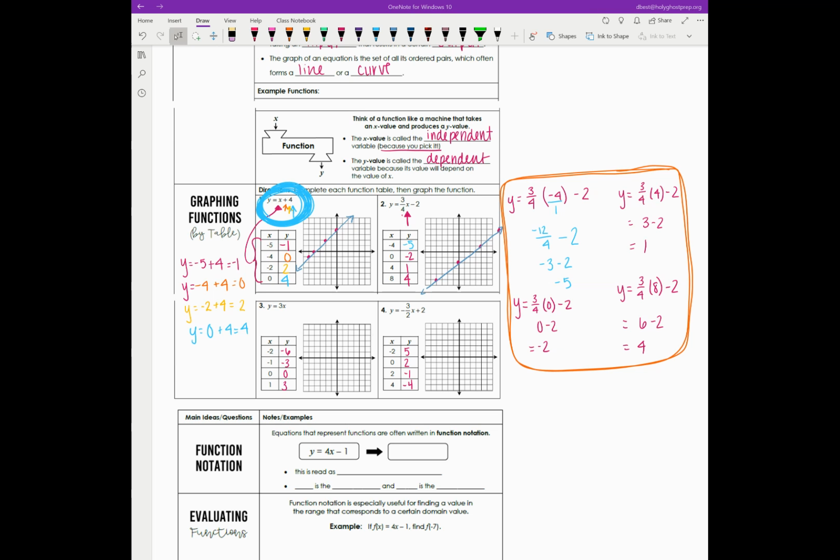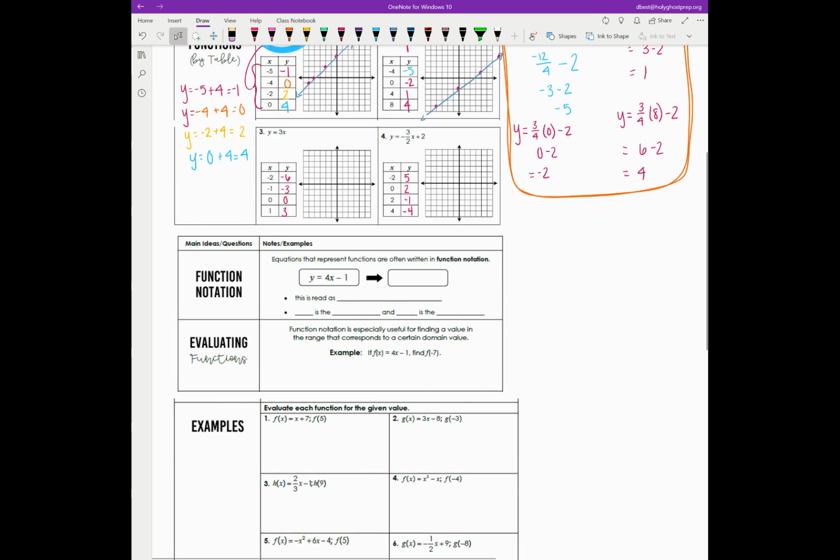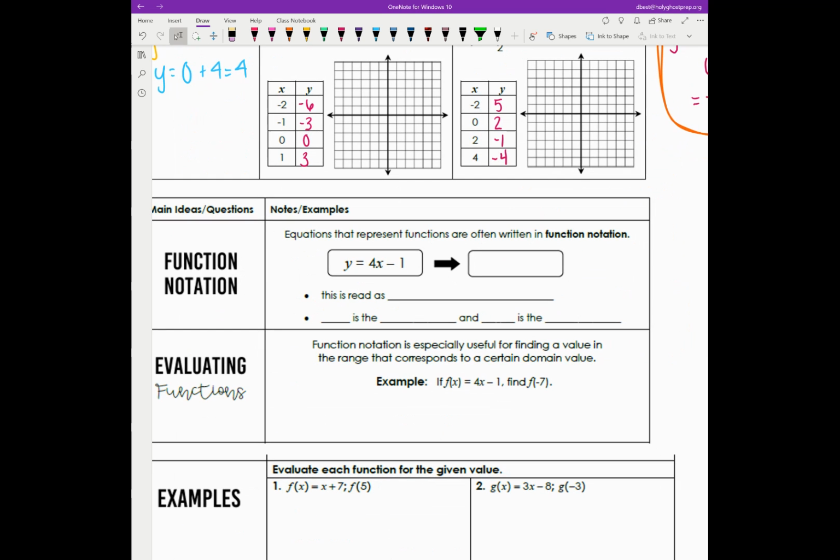Now, the big thing that comes with functions is what's called function notation. Function notation takes our equations that we're used to, these y equals equations, and instead of y equals, we write it as, we use the letter F usually, but we can use whatever letter we want. Then we put x in parentheses, and then we write out the rest of our equation.